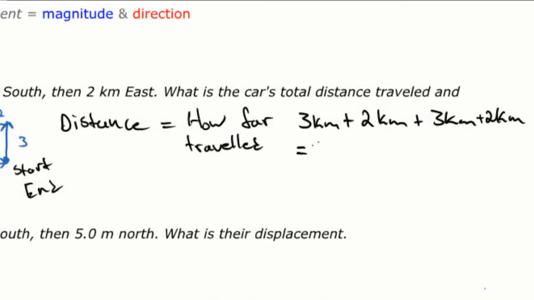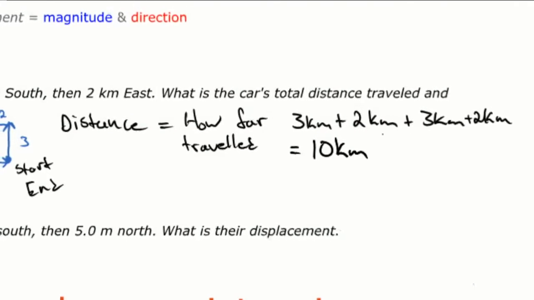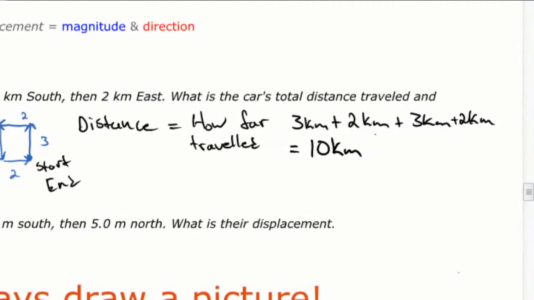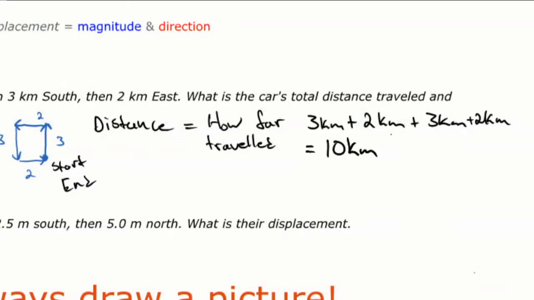So how far did I go in total? Well, 3 plus 2 is 5, plus another 3 is 8, plus another 2 is 10. So my distance traveled was 10 kilometers. That's how far I traveled. That's the odometer reading on your car. You went up 3, you went left 2, you went down 3, you went to the right 2.